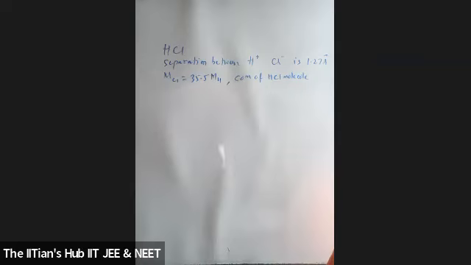RCOM is a position vector of the resultant of all the masses, which can be in terms of XCOM, YCOM, and ZCOM. XCOM is (M1X1 plus M2X2 plus up to MnXn) upon (M1 plus M2 up to Mn). Likewise for YCOM and ZCOM also.